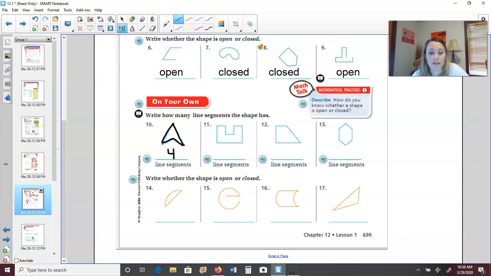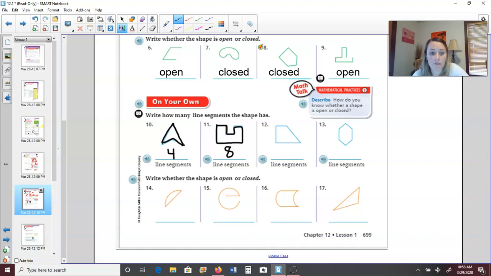On number 11, it seems there's a lot more, so I'm going to trace over it so I can keep track. 2, 3, 4, 5, 6, 7, 8. 8 line segments. And we're going to learn what we would call this shape because it has 8 sides. There's a special name for it, just like there's a special name for 4-sided figures too.